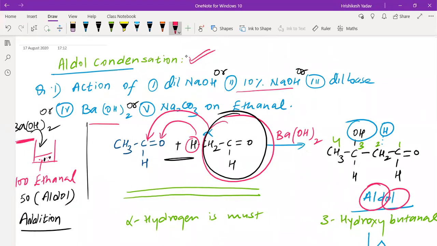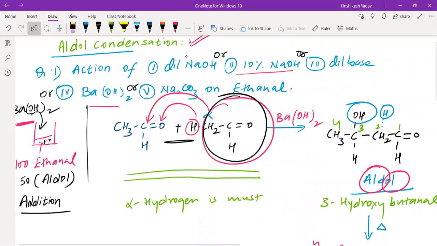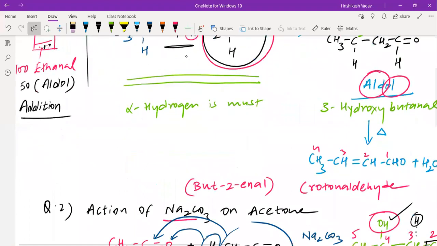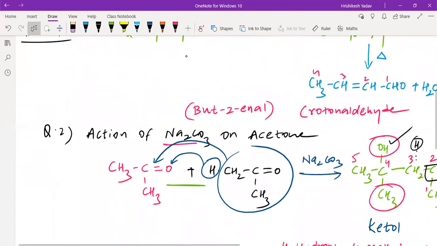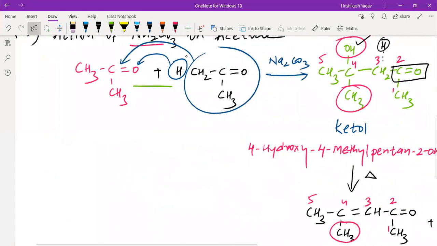The concept here is whenever aldehydes or ketones containing alpha hydrogen atoms are reacted with a dilute base, the two molecules add up, and after adding they form aldol or ketol, which on further heating produces an unsaturated aldehyde or unsaturated ketone.